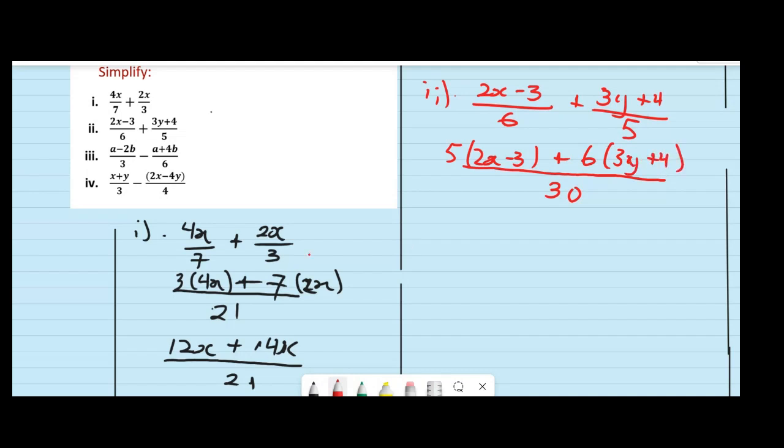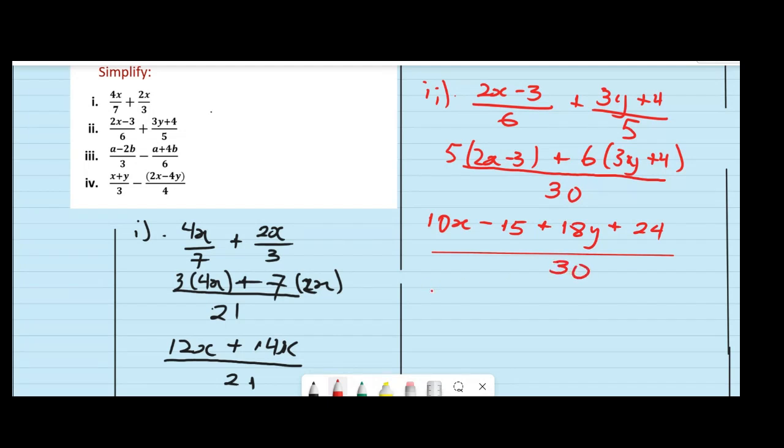So let's do the actual multiplication. 5 times 2 is going to give us 10x, and then 5 times negative 3 is going to give us negative 15. And then 6 times 3y is going to be 18y. And 6 times 4 is going to be 24. Don't forget, it is all over 30.